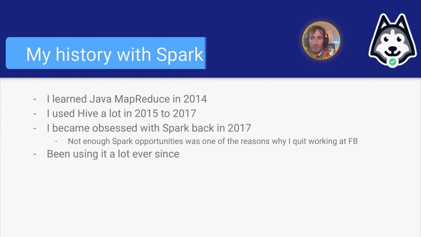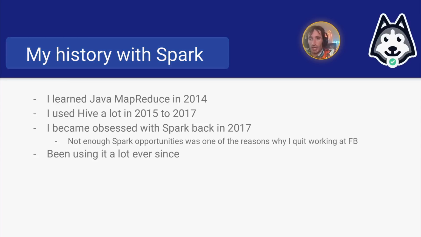So I just want to talk a little bit about my history with Spark. I learned Java MapReduce back in 2014 when I was working at Teradata. And then 2015 to 2017, I used Hive a lot at Facebook, a lot at Teradata. And then I remember in 2017, there was a big push at Facebook to adopt Presto, to switch Hive to Presto. But the problem with Presto back then, and still kind of a problem with Presto now, is Presto does everything in memory.